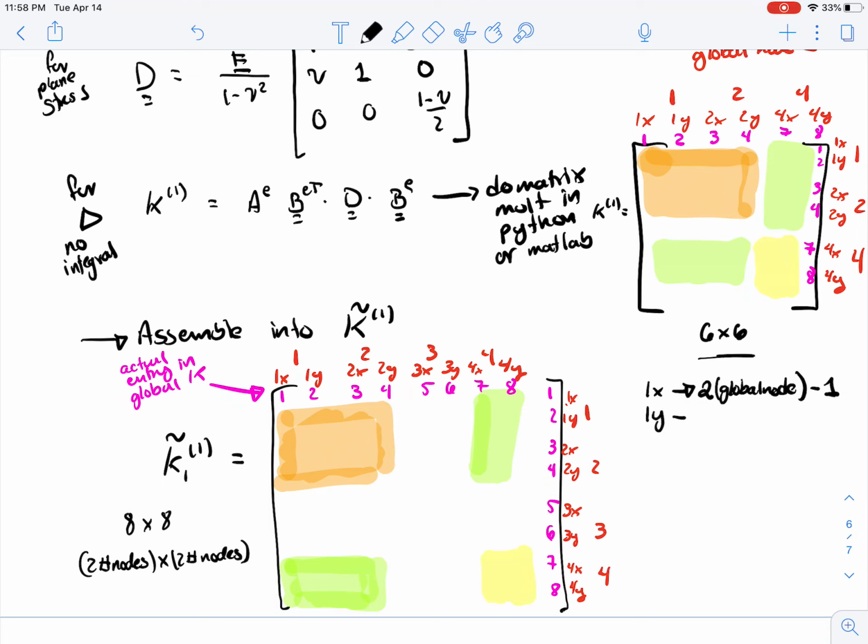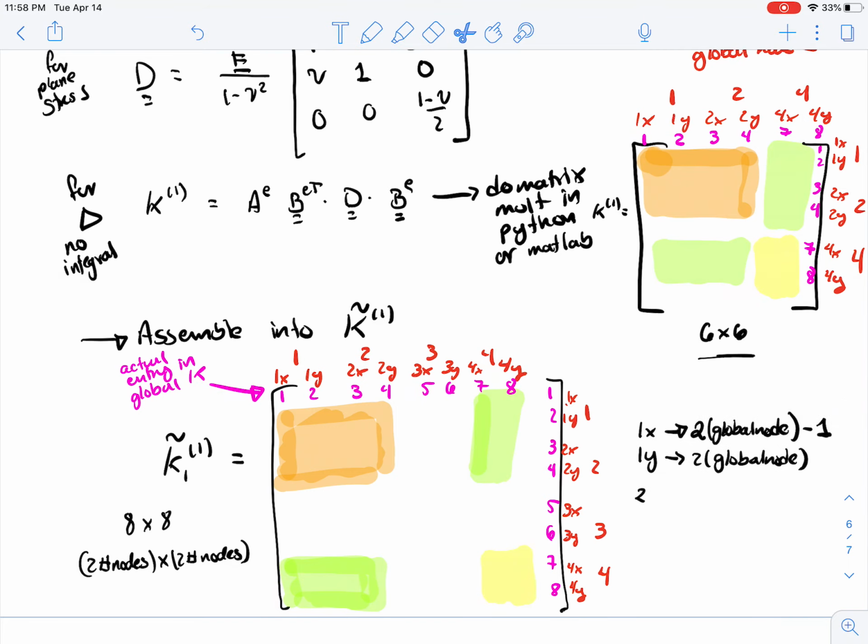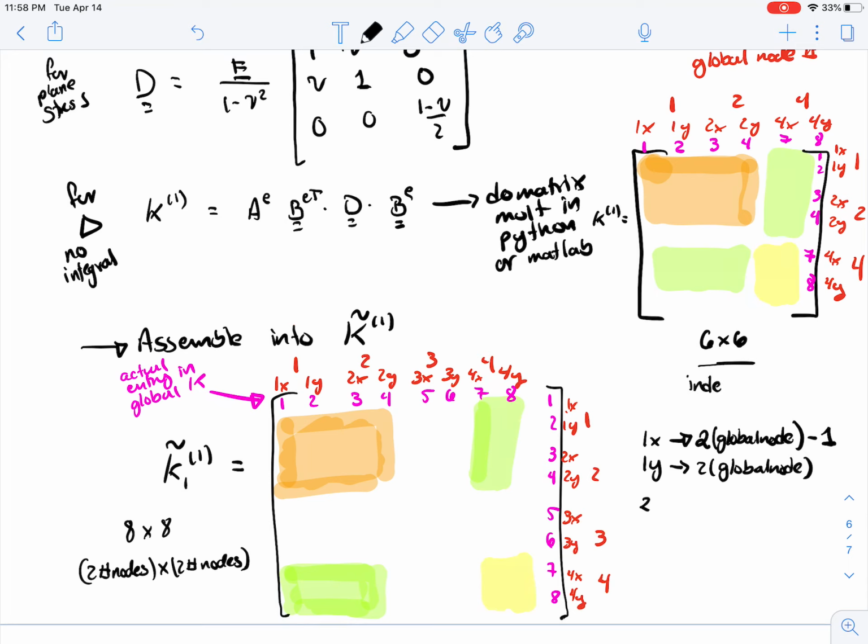So if I do 2 times the global node minus 1, then I get 1x. So for 1y, I will also do 2 times global node. And in general, for 2x and 2y, if I want the index, this will be the actual index, right? So this is the index where they go to.